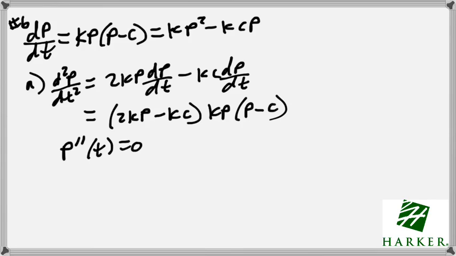If I solve this equal to 0, you will get several values, some that don't make any sense because of the given conditions. The one value that makes sense is p equals c over 2.